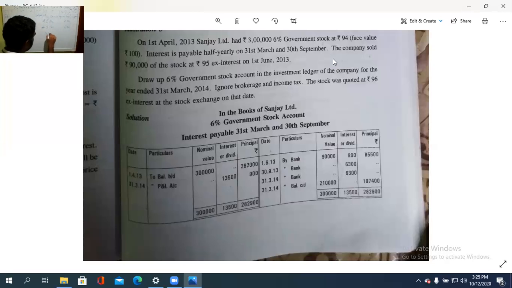Then by balance carried down: 3,000 minus 900 is 2,100 units of government stock remaining. So 2,100 into 100 is 2,10,000, and 2,100 into 95.